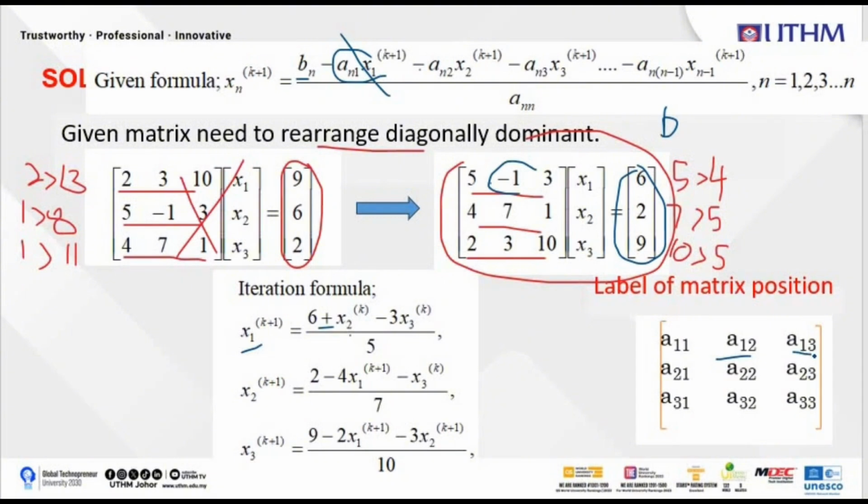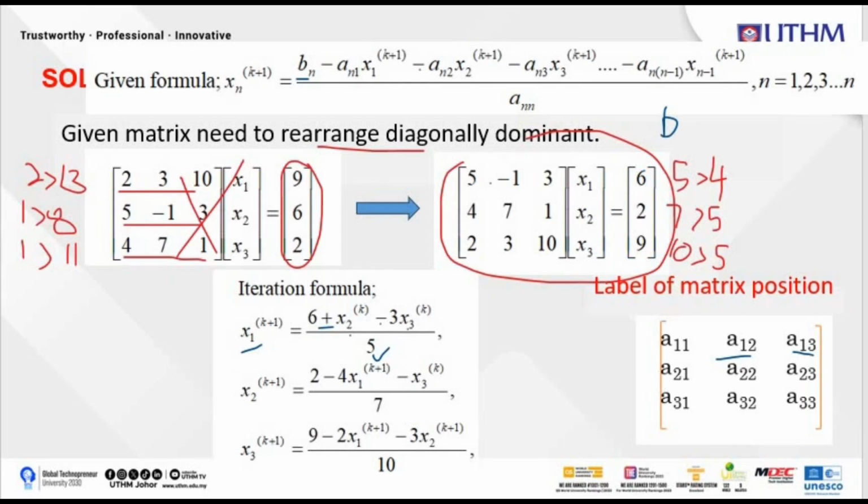This is the number of a13, which is 3. So negative 3x3, divided by a11, the other number in the first row, which is 5. That's why we divide by 5 here. Okay, let me delete here to avoid confusion.